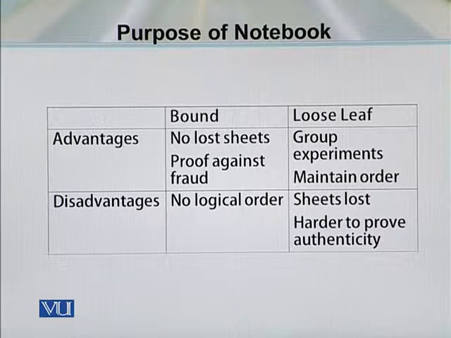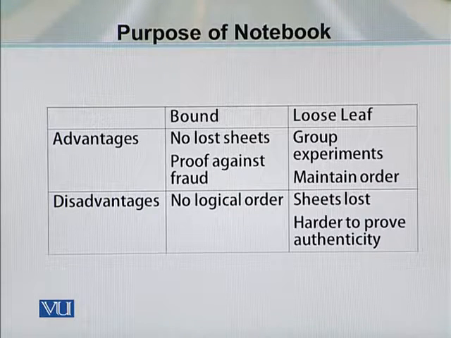The advantages of the bound notebook are that you have no fear of losing the sheets. It provides a proof against frauds. Whereas the disadvantage of the bound notebook is that you cannot group together similar kinds of experiments.